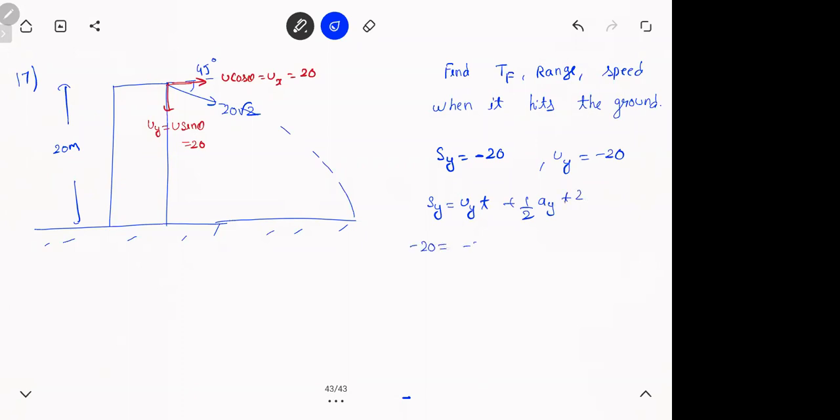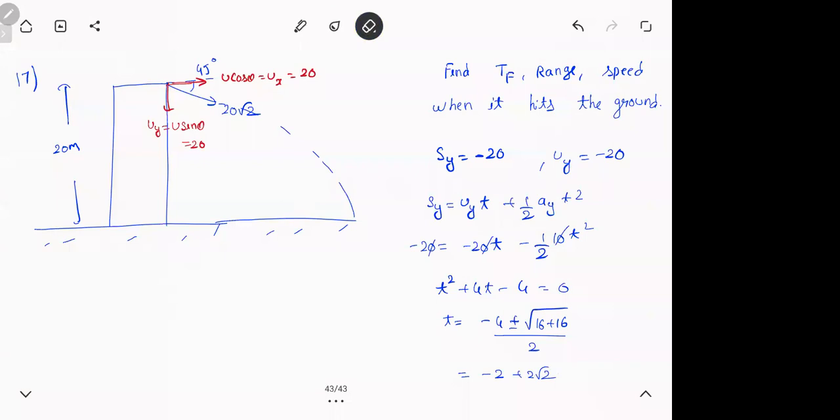Minus 20 is minus 20t minus half g, 10t square. Minus also goes off. You get t square plus 4t minus 4 is equal to 0. We get time is minus 4 plus or minus root over 16 by 2. It will be minus 2 plus 2 root 2. That's your time of flight.